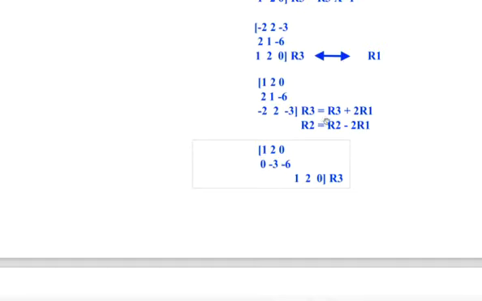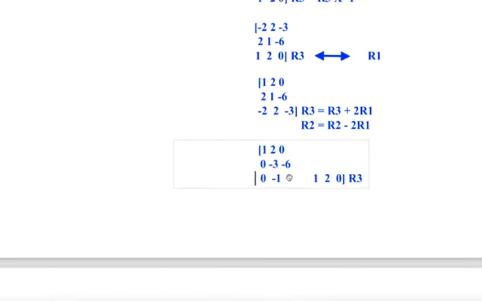R3 plus 2R1: minus 2 plus 2 is 0. 2 minus 4 means minus 1 being the next element.